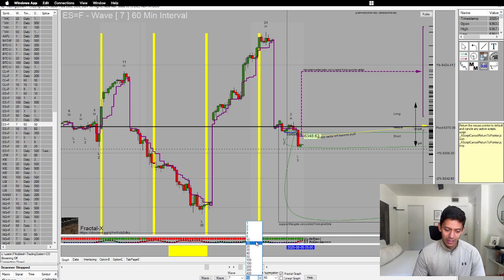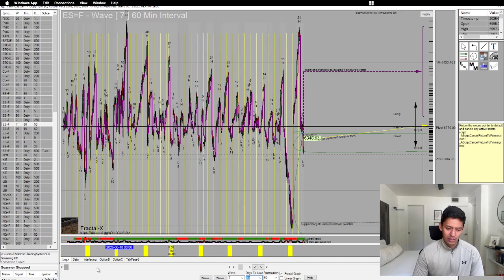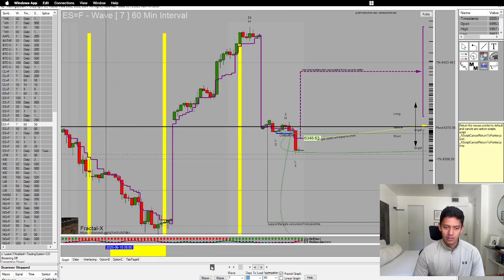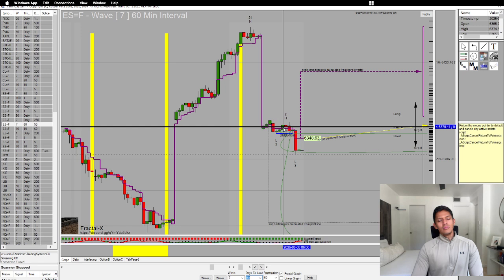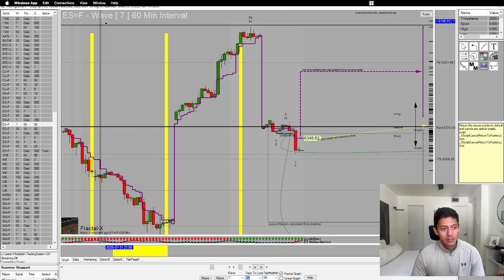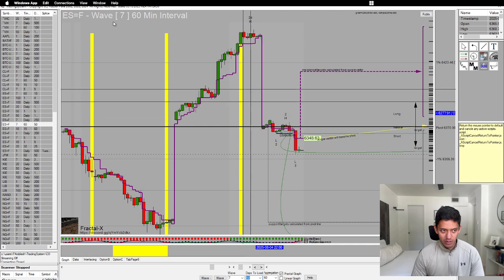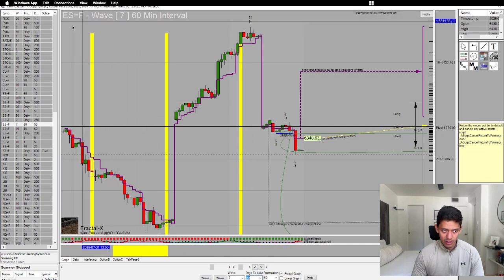Let's say I only wanted to look at the last 10 days of analysis. I could just change that to 10. 50 days is a very commonly used one, and then you could zoom in to whatever you want to look at. Now, the wave 7 60-minute is showing us quite a bit of information regarding ES futures.